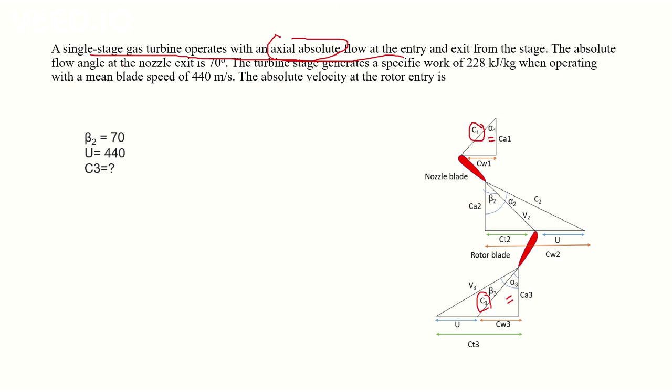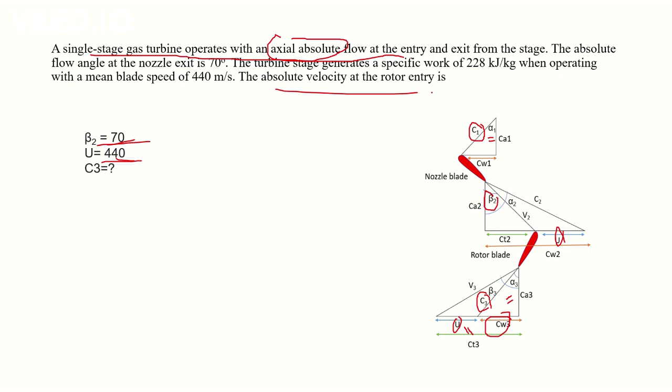Next is the absolute flow angle at the nozzle exit, alpha 2, given as 70. The mean blade speed U is the same in both cases and is given as 440. Here U becomes equal to Ct3 since there is no C omega 3 term.